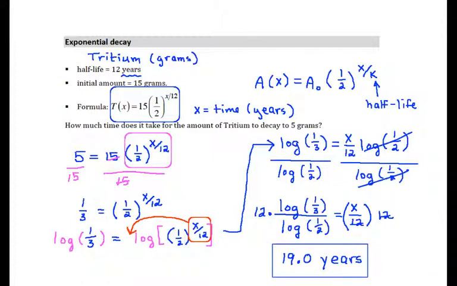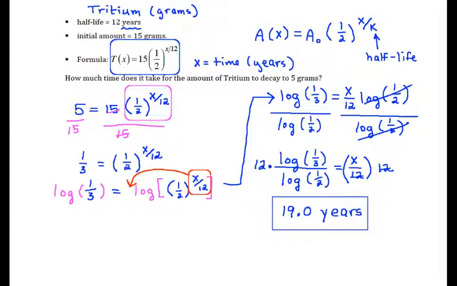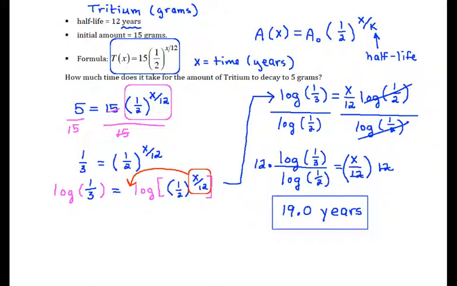At the end of one of these exponential applications, especially the decay applications, because they're fairly easy to visualize, it's a good idea to do a ballpark check to see if this seems about right. So what we know about this context is that tritium has a half-life of 12 years. So that means if we start with 15 grams, after 12 years, we expect to have half of that, which is down to now 7.5 grams.